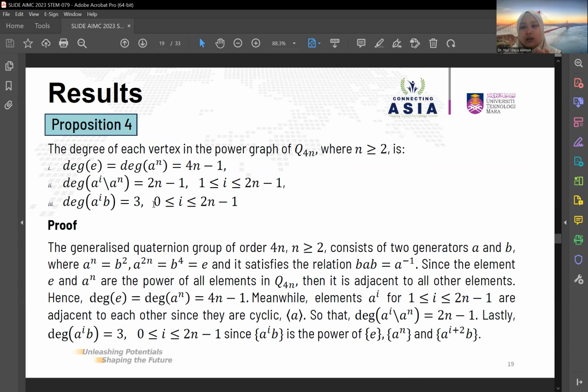So we generalize it so that we no need to construct the graph to compute the Sombor index or Sombor polynomial. So from the degree itself, we can straightforwardly get the degree of E, and the degree of each element.